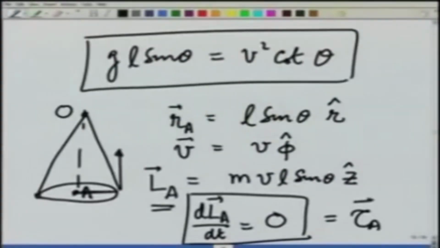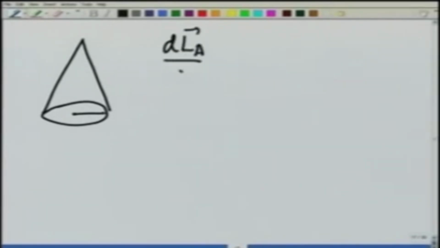If that is the case, torque about point A must also be 0, and let us figure that out now. So, what we have learned, if I take L about point A, I get dL_A/dt is equal to 0, and this also must be equal to torque about point A. This is the tension.